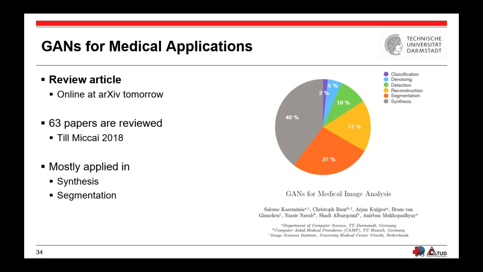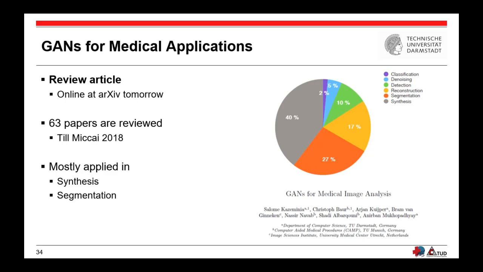What we did is write a GAN review, which is already on arXiv, submitted on Thursday, should be available by tomorrow if the arXiv folks don't make any more problems, where we looked at 63 papers that were published till MICCAI 2018. And we are also giving you a first glimpse of the distribution of papers.